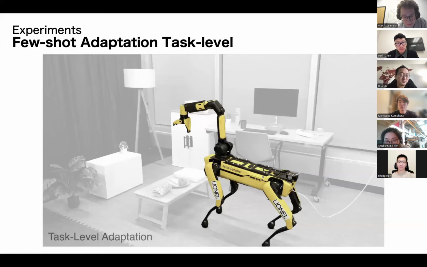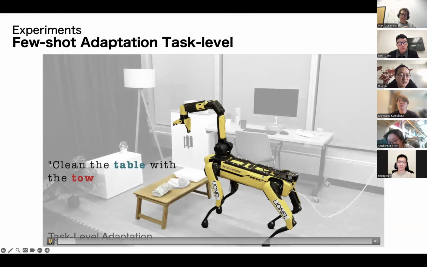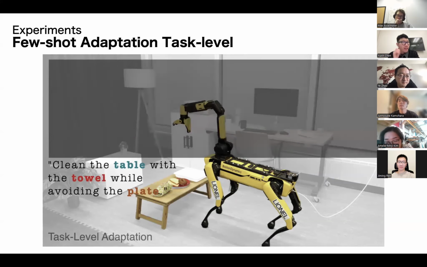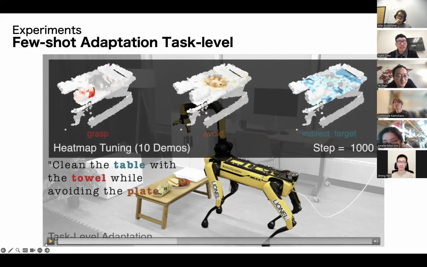Does it matter? Or it doesn't matter as long as you decompose these language instructions into sub skills, and then you can just run your diffusion policy? Yeah, I think we tried. I think this is the most complex task we can go.